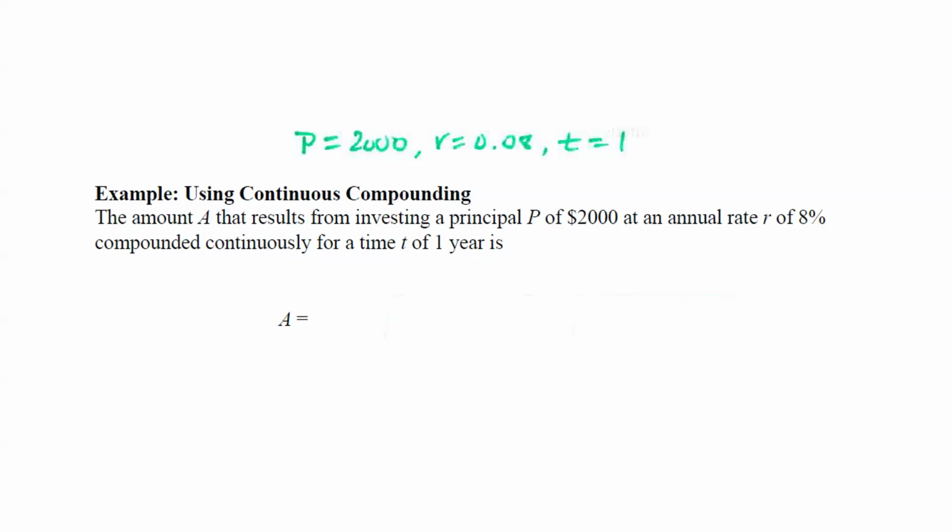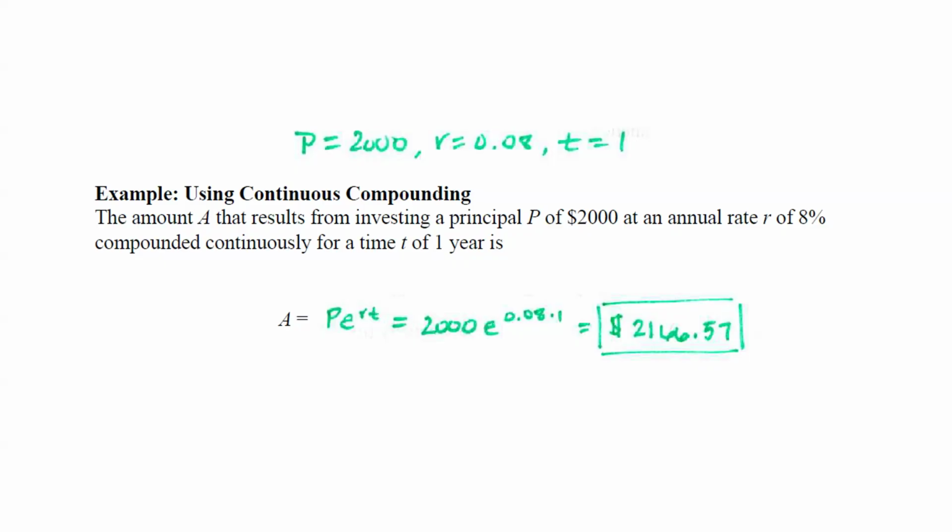We know R is 8%, so that's 0.08. And we now want to know what is our amount after 1 year, so T is going to equal 1. So plugging that into our formula, PE to the RT, we'll get 2,000 times E to the power 0.08 times 1, which will get us $2,166.59.